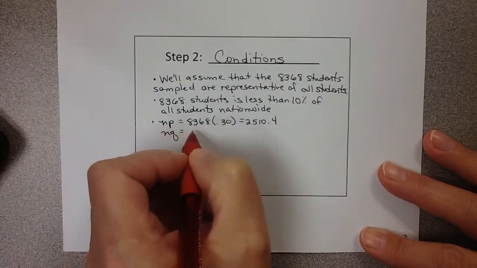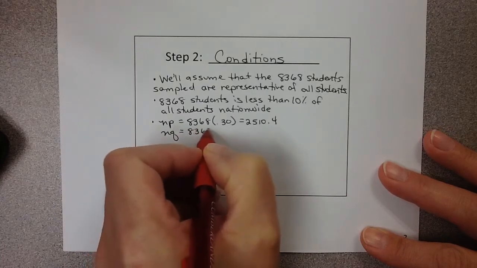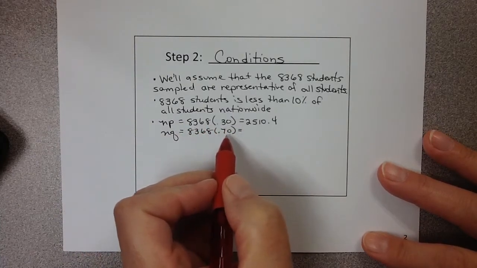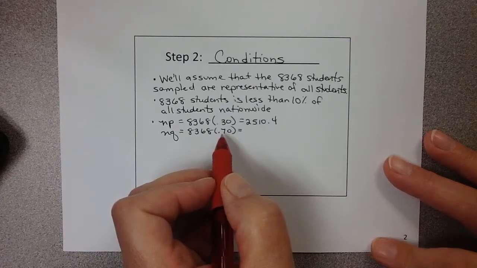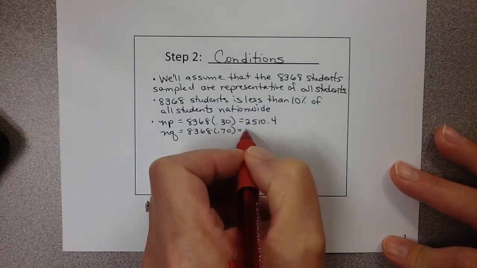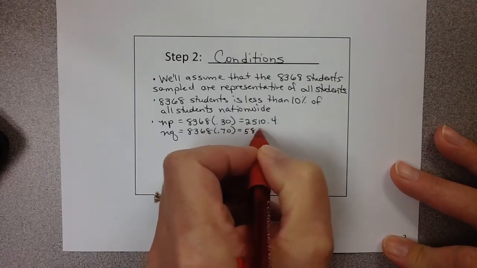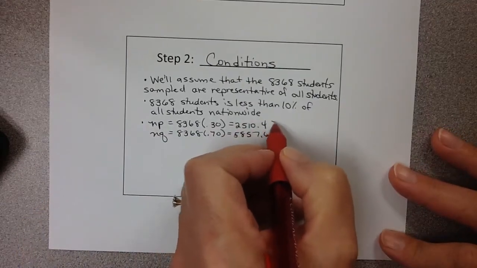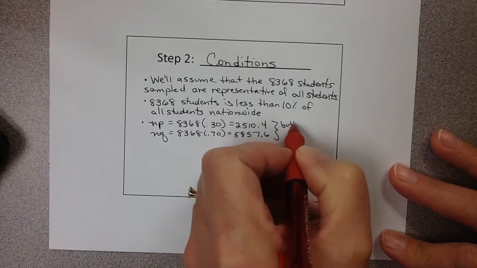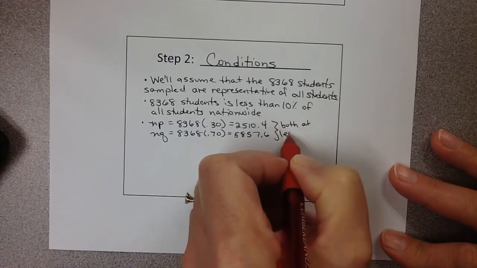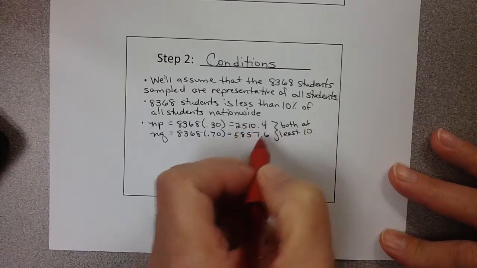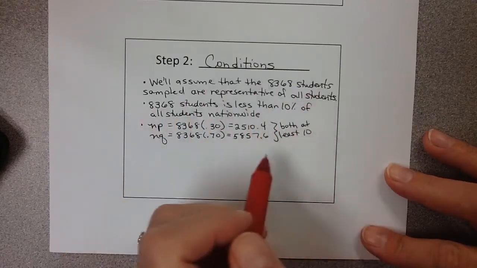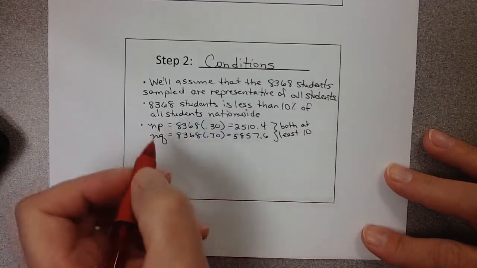NQ is 8,368 students, and the other 70% of those, in a perfect world, if the null was true, would not have mothers who graduated from college. So that would be the other 5,857.6 mothers. Those are both at least 10. Far more than 10, so securely feel that we have a normal model for our sampling distribution.